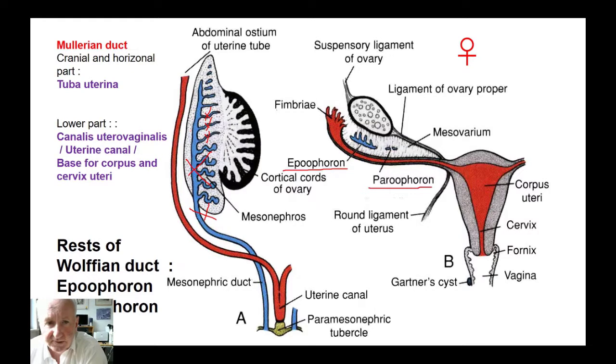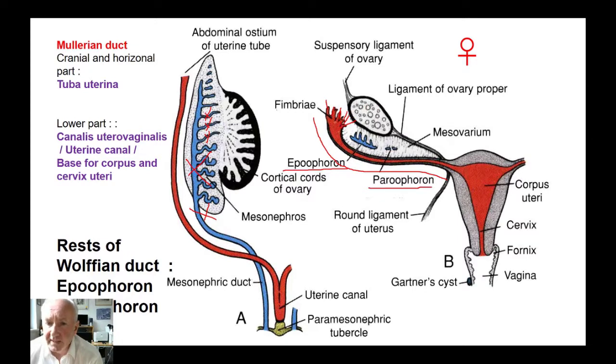Now, how important is the Müllerian duct, paramesonephric? You see that the cranial part and the horizontal part will form the definitive uterine tube, tuba uterina, with the ostium abdominale and those long processes, very important during ovulation, which search for the Graafian follicle just before ovulation.